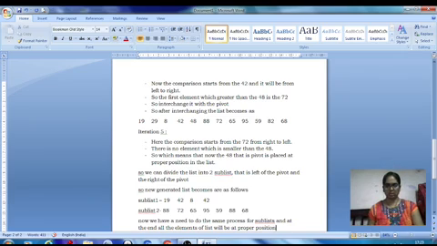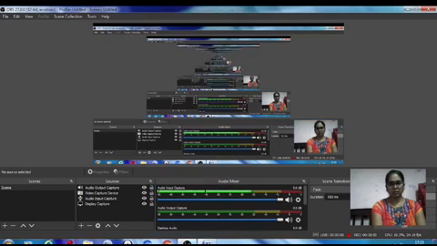Okay, so like this we need to consider with respect to the quicksort.